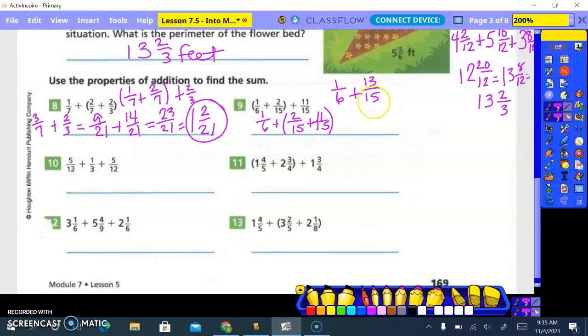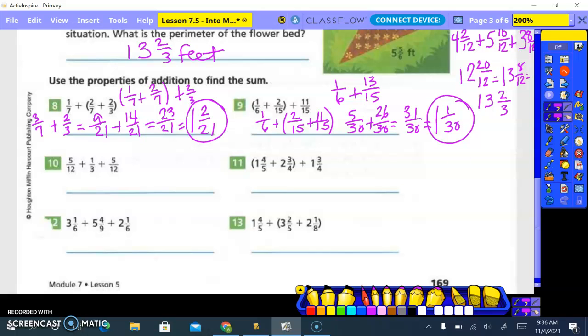What's a common denominator? 30, right? So 1/6 with the denominator 30 would be what? 5/30 plus 26/30 equals 31/30, which equals 1 and 1/30, right? And then I circle my answer.